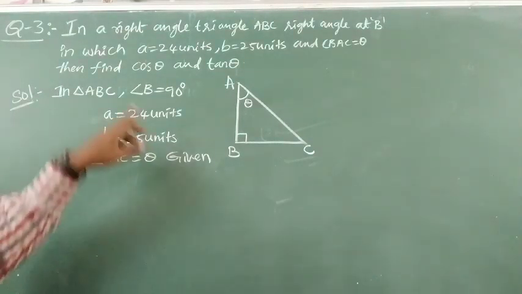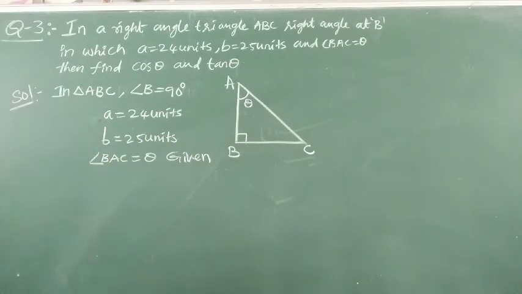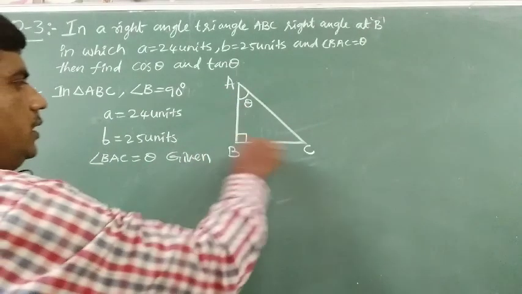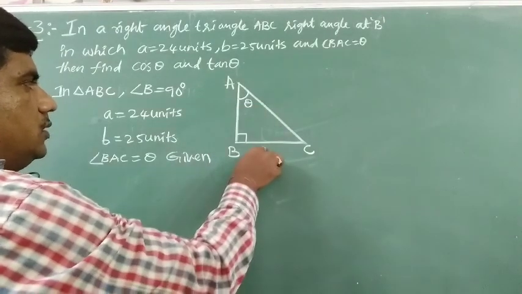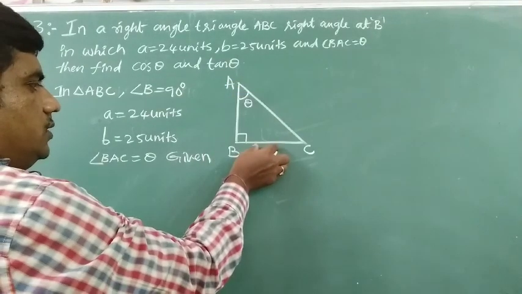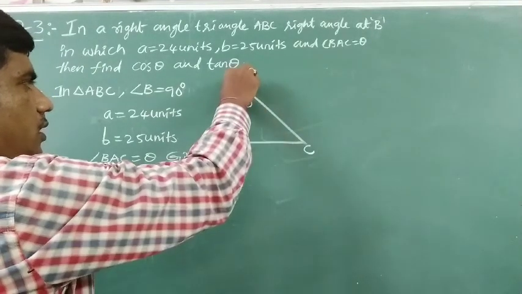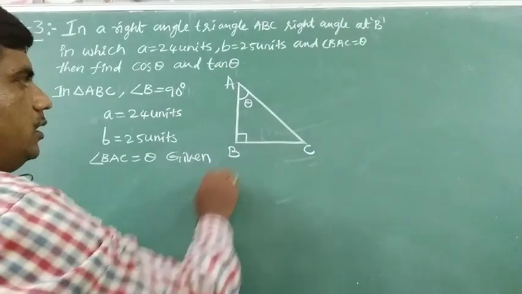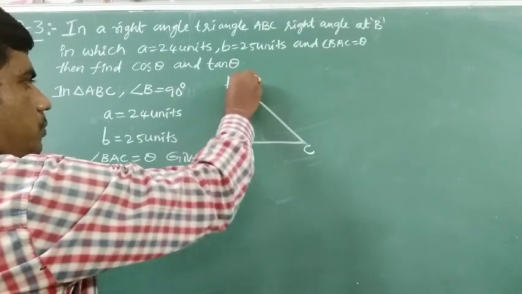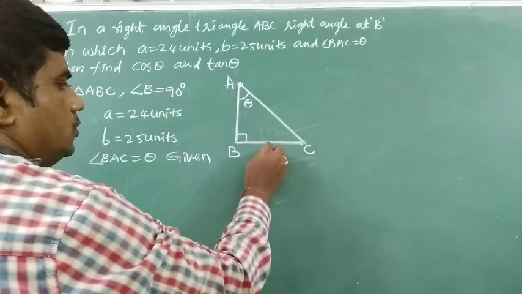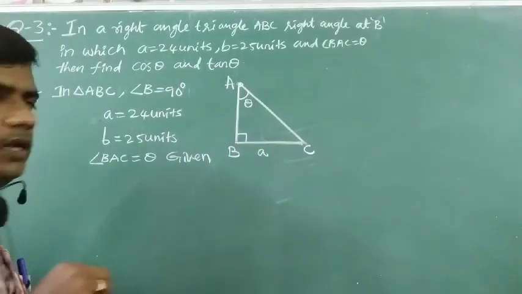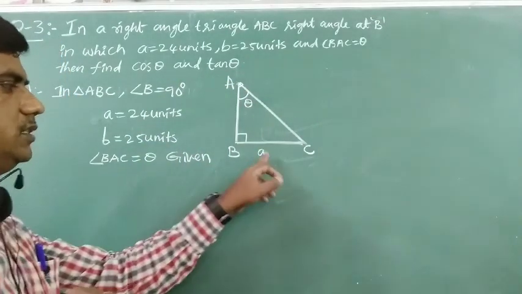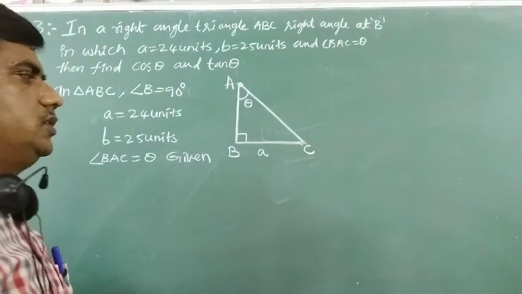So let us see what small a and small b are. In a triangle we have three sides. The side which is exactly opposite to vertex A is denoted by small a. A vertex opposite side is BC, so small a is the length of BC.